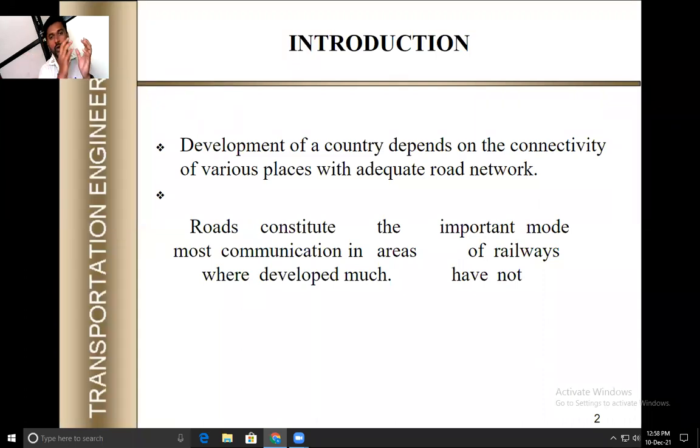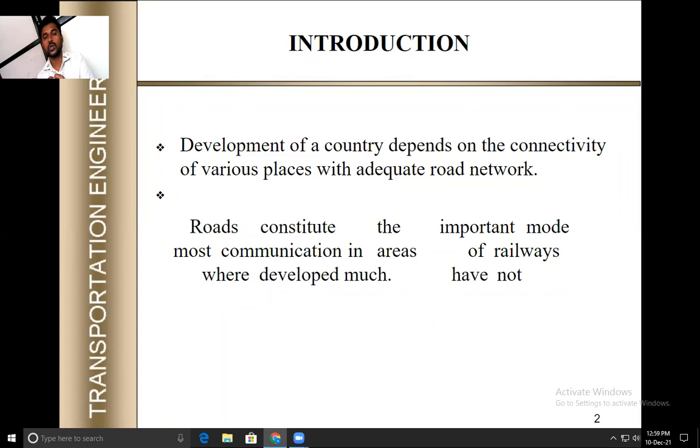In one area there are certain developments, in another area there are certain markets, and in different areas there is industrialization. So we need to connect all such areas with roads, and only then will the development of the country start.